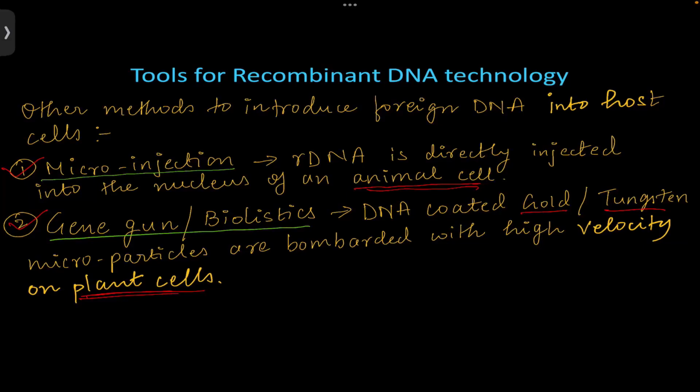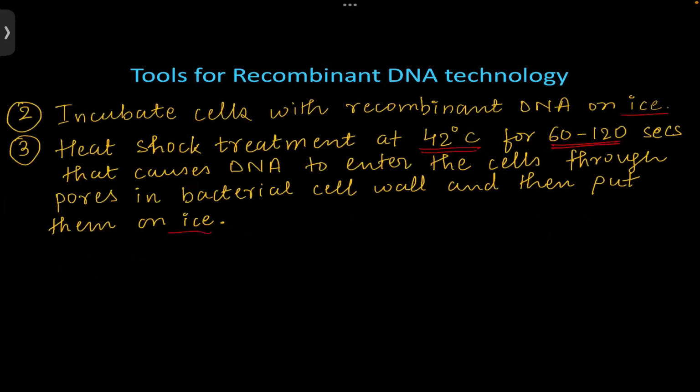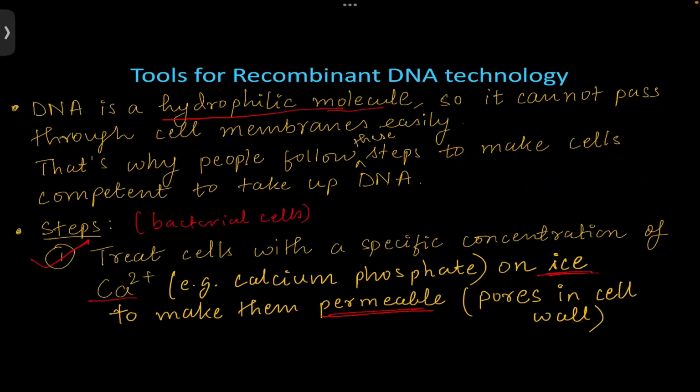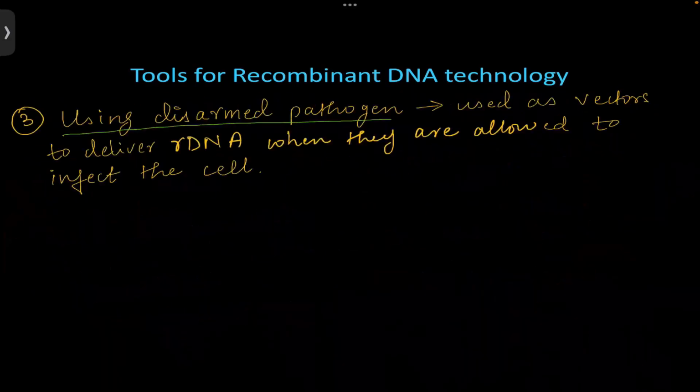Microinjection is used for transforming animal cells, and the use of calcium chloride or calcium phosphate, then using ice, and then giving a heat shock, is how you can make a bacterial cell competent. Another method that has been used to transform host cells is by using disarmed pathogens.